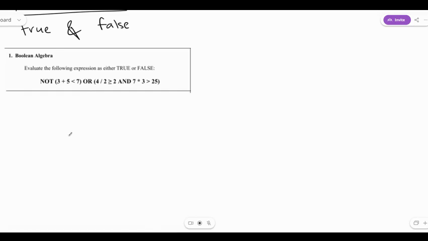First, we look at the different expressions. We see we have not, and, or. So there are many different expressions in Boolean algebra. Or sorry, not expressions, operations. And these operators are and, or, and not.